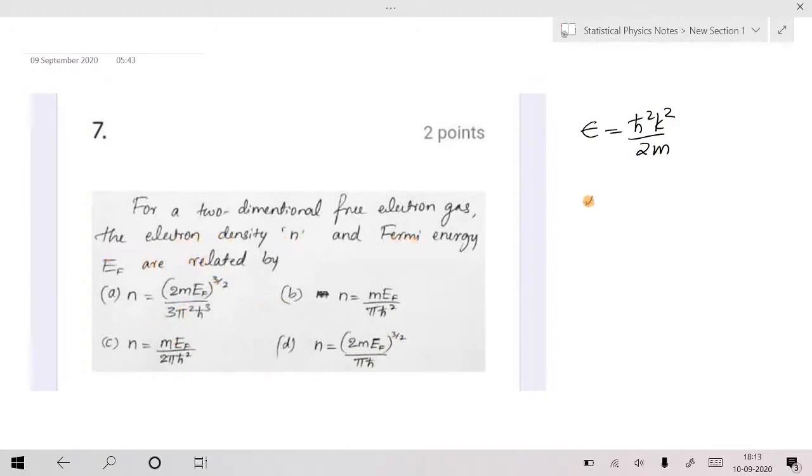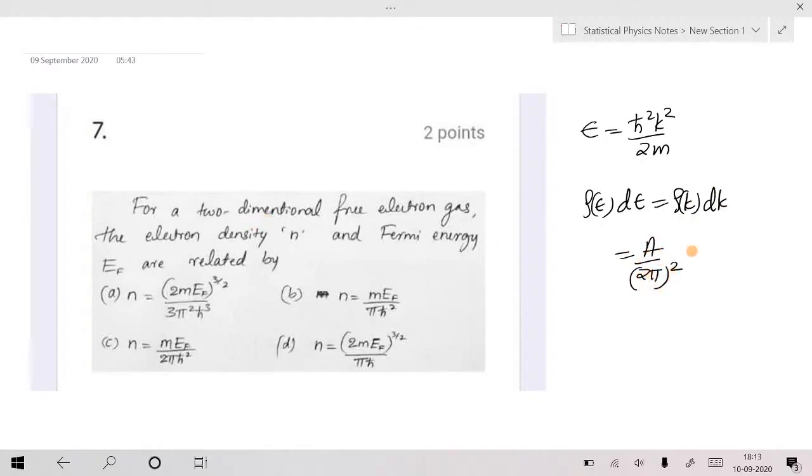Now you should find rho of E dE, including all of the terms. That's equal to rho of k dk, isn't it? I think I told this rho of k dk can be written as area by 2 pi square in the case of two dimensions.